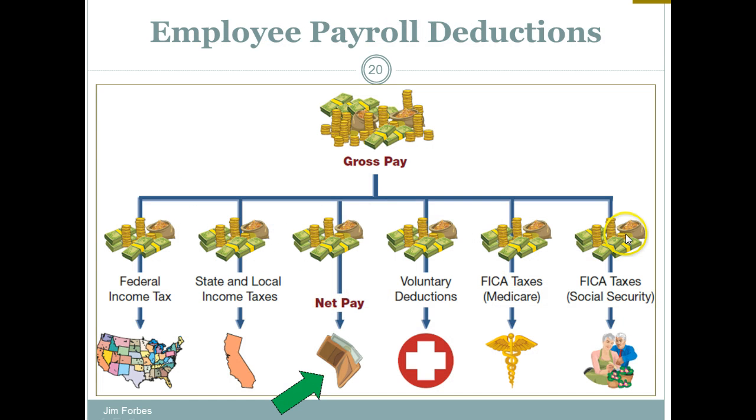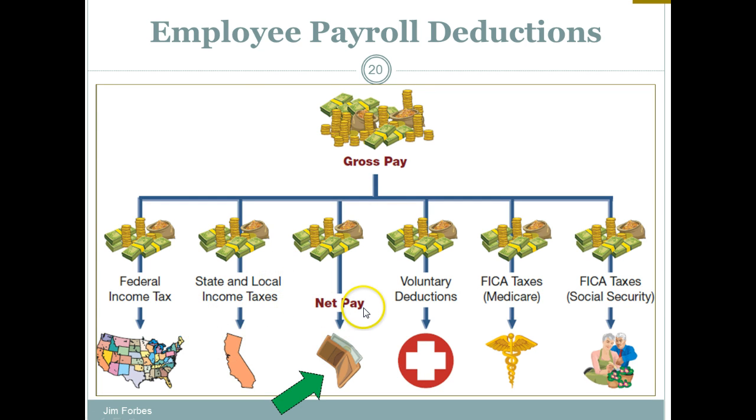But there are a variety of payroll deductions, and you might see this in your own check. It starts with gross pay, whatever you made for that period, and then the company might withhold a variety of deductions. They will obviously withhold federal income tax that they are going to send into the IRS. There might be state and local taxes.